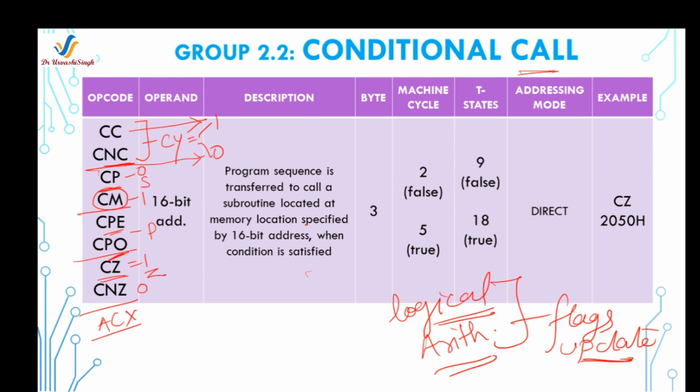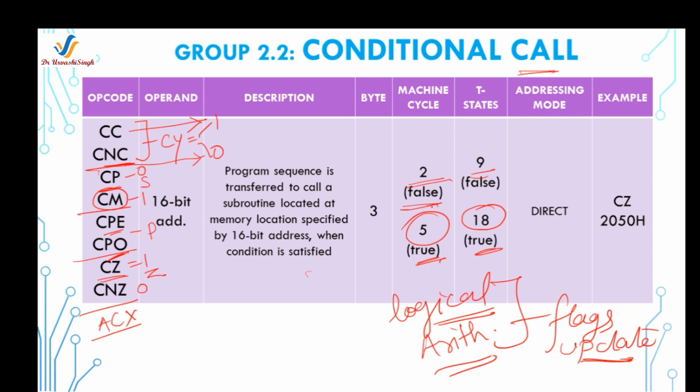Okay, so the rest of the process is the same. If the condition is true, then it will take 5 machine cycles and 18 T states. If it is false, it means the condition is not satisfied, then only 2 machine cycles and 9 T states.